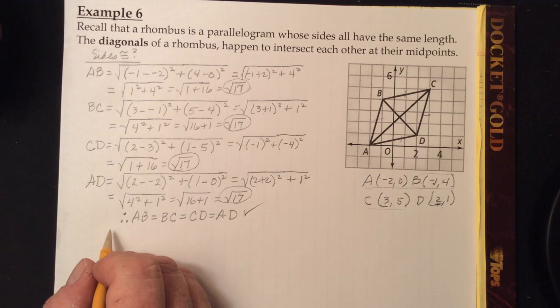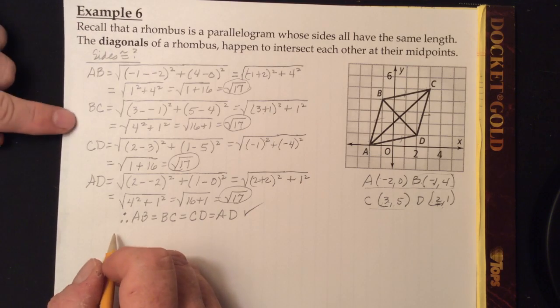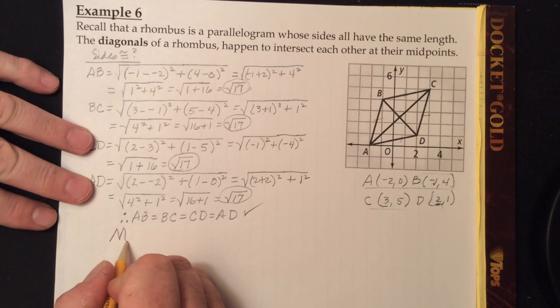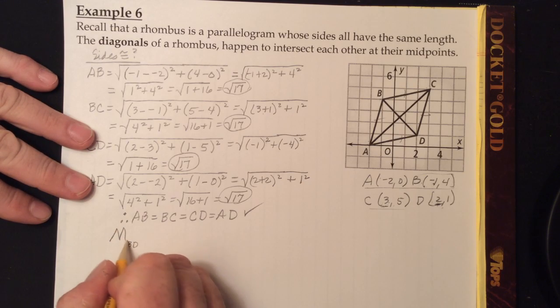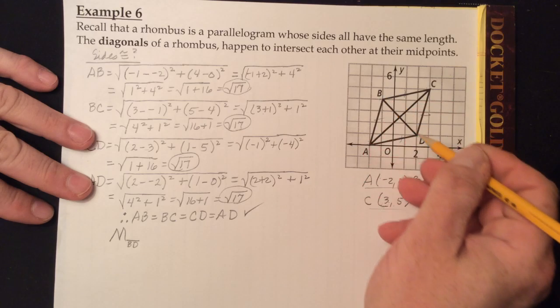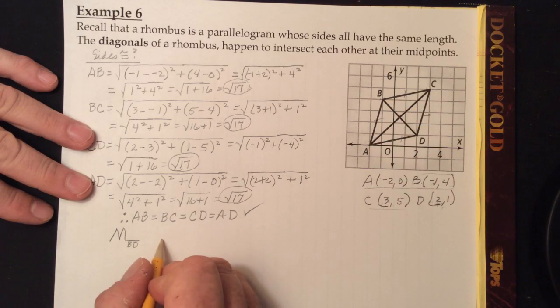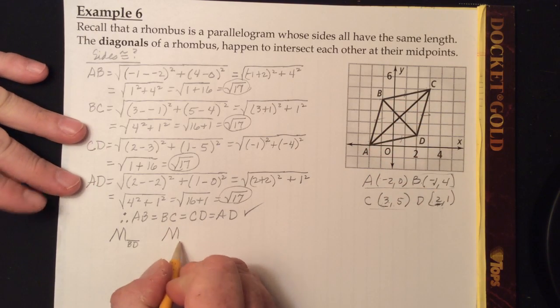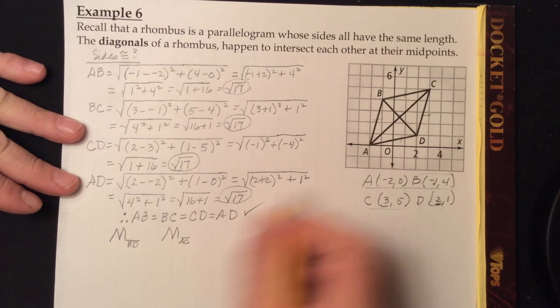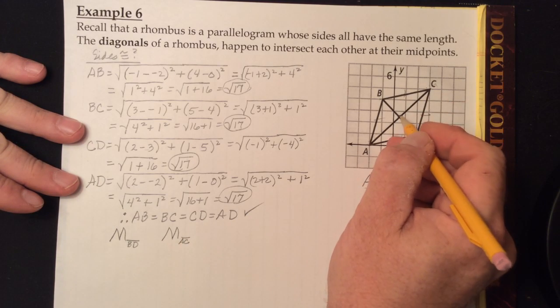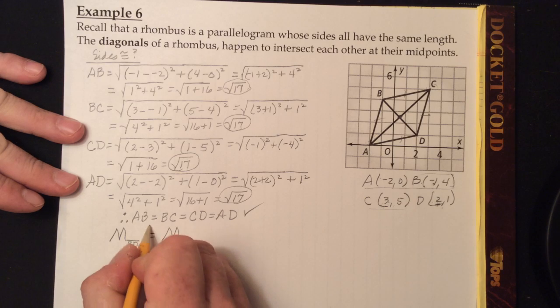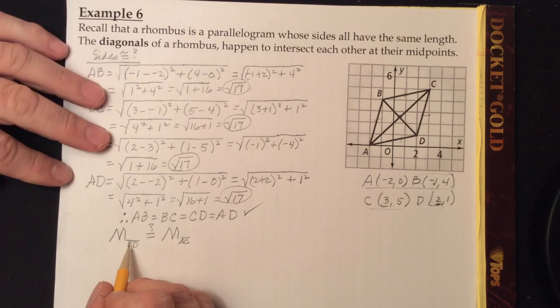Now for the second part, we're going to use the midpoint formula to check and see if the midpoint of BD, which is this diagonal right here, and the midpoint of diagonal AC, which is this one right here, ends up being the exact same point. So we're going to use the midpoint formula.